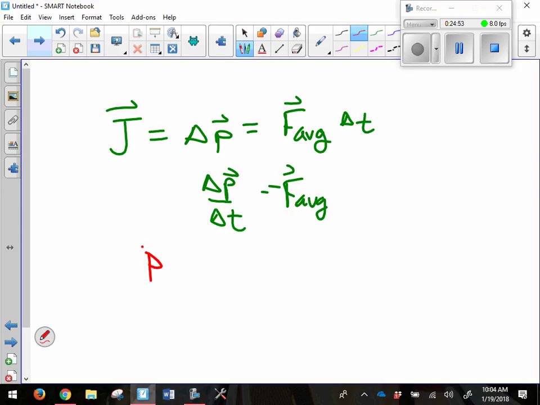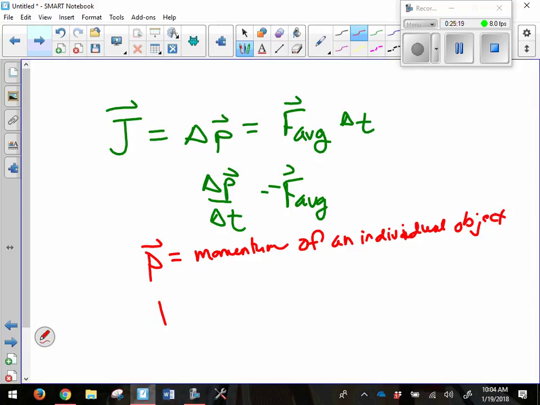For me, momentum is a lowercase p, unless I'm talking about the momentum of the whole system, in which case I might use a capital P. So this would be the momentum of an individual object, whereas capital P would be the momentum of the system.